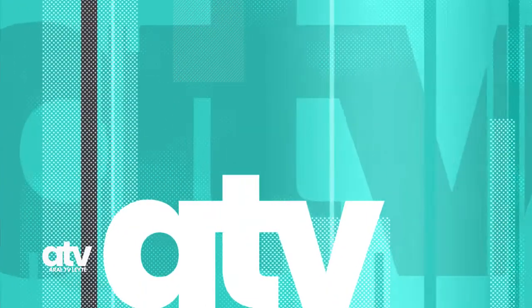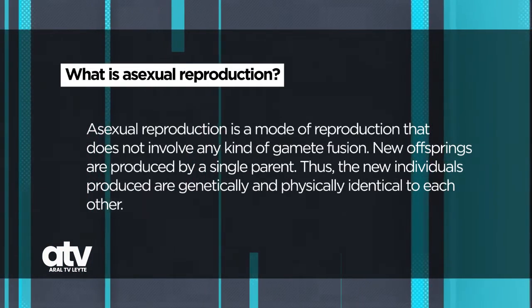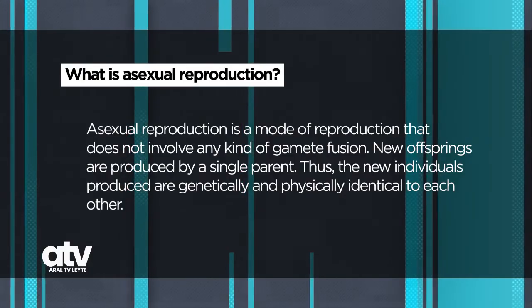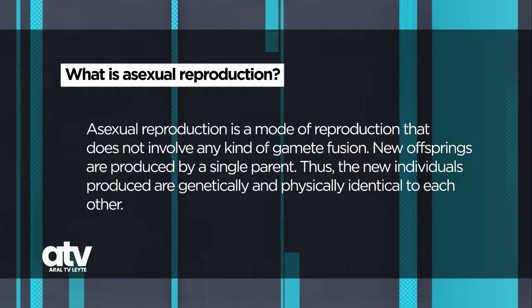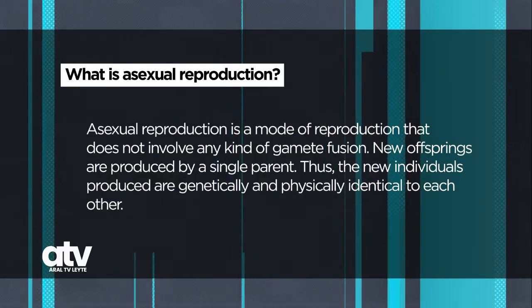This time, let us describe the other mode of reproduction. What is asexual reproduction? Asexual reproduction is a mode of reproduction that does not involve any kind of gamete fusion. New offsprings are produced by a single parent.